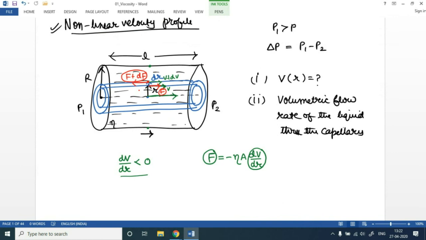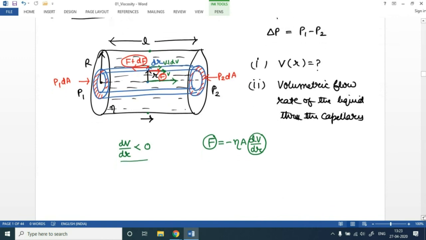So now you must realize, at this surface, from this side, P1 times dA will be acting, and on this surface, P2 times dA force is going to act.